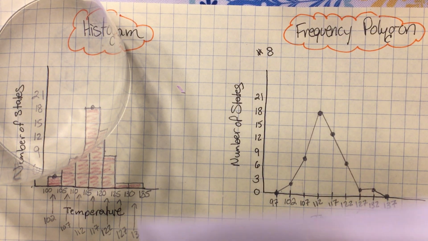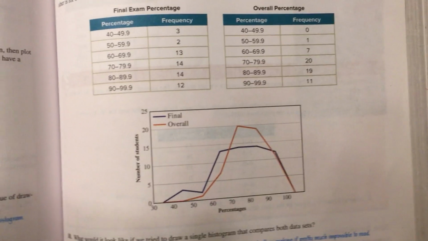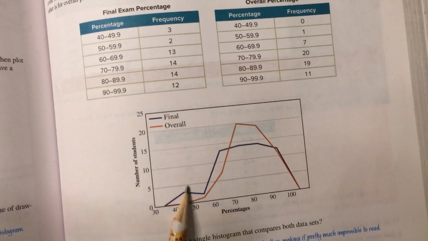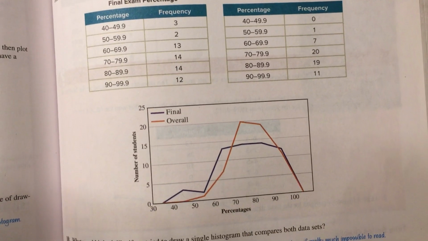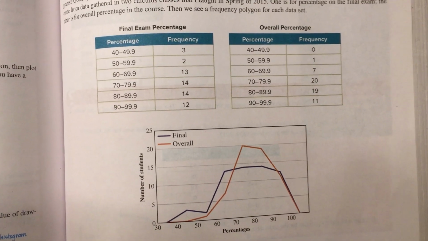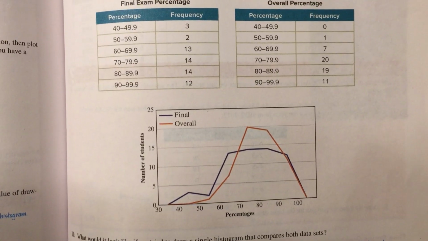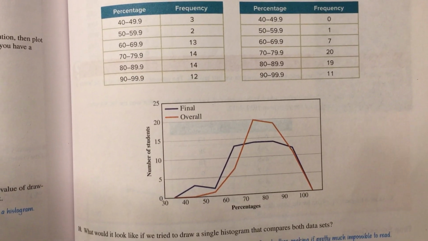Now, one of the nice things about a frequency polygon is discussed on page 337, namely that you can put 2 on the same graph, and it's very clear to see. If you tried to put 2 histograms on the same graph, it'd be a lot messier. Got these bars that would overlap each other and stuff.